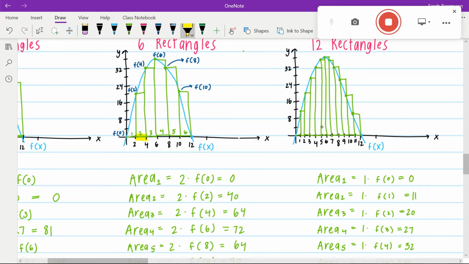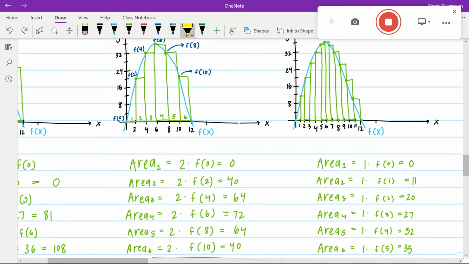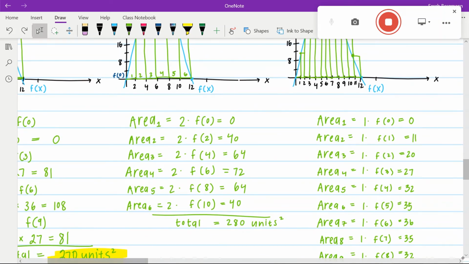For the second interval, I have to fit a rectangle between 2 and 4. Since I'm using the left end to find the height, I'm using f of 2 for the height. I did the same thing for all 6 rectangles and then added them all up together to find the total area.